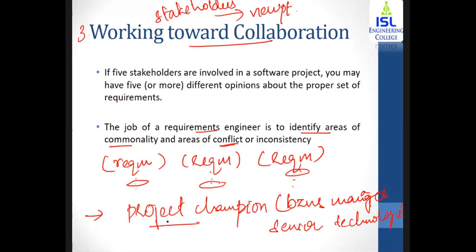This project champion has the final decision on which requirements are going to make the cut, that is, which requirements are going to stay within the project. So the project champion is going to identify the final requirements that will be there within the software. That is the third point, working towards collaboration.